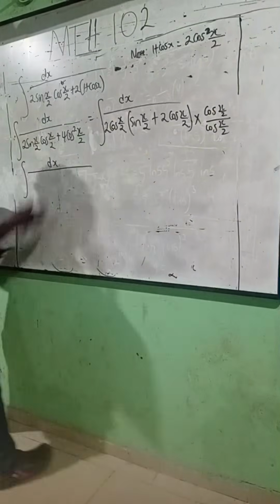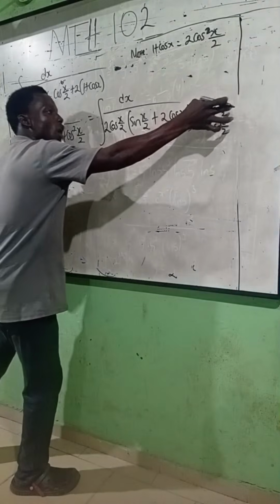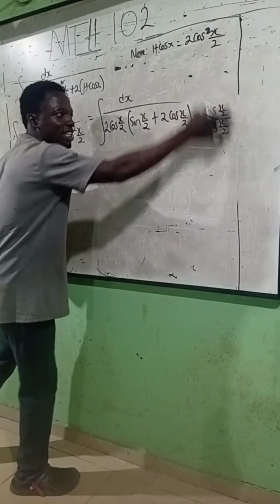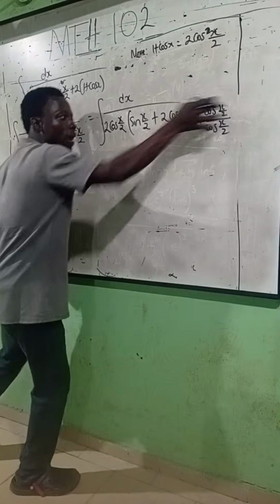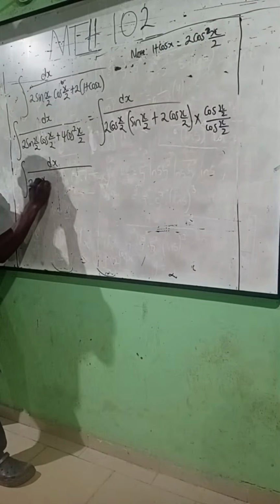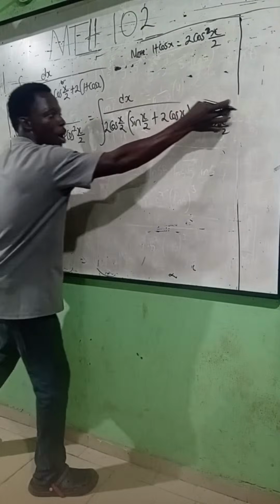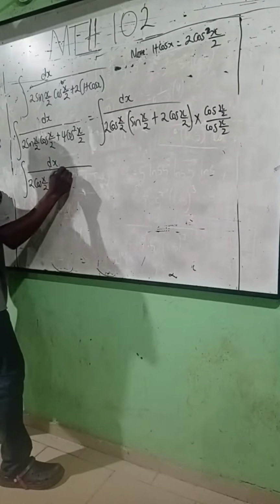So let me write. I should have done what I want to do now, but let me just split it. Now I want to bring this up. This is just 1. It has not changed anything. I want to bring this upper one together with this. So this gives me 2 cos x over 2 multiplied by cos x over 2. Open bracket.